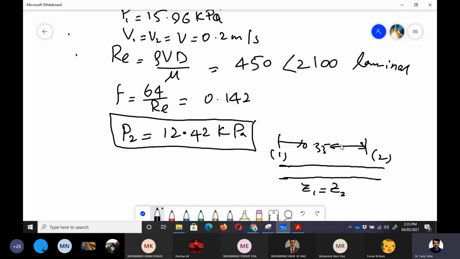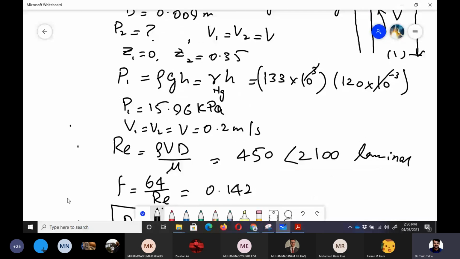So in this case, if you try to guess whether the value of P2 would be more than 12.42 or less than 12.42, obviously because now the flow doesn't have to go against gravity, P2 value would be greater than 12.42, but of course it would be less than 15.96 because that is the initial pressure, so there would be some loss due to friction.